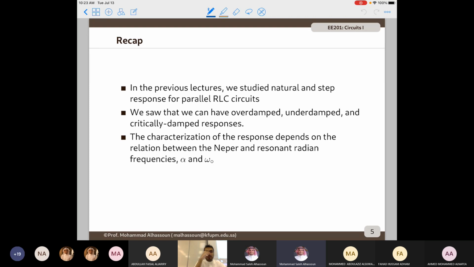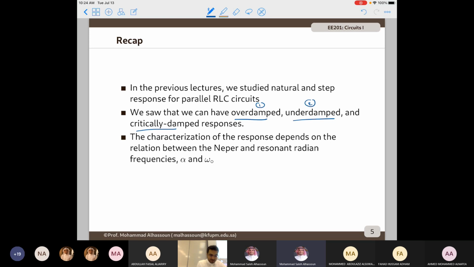There are two possible configurations. The first one is in parallel. The second one is in series. So we started with the parallel combination of R, L, and C, and we saw that we have either overdamped, underdamped, or critically damped responses.